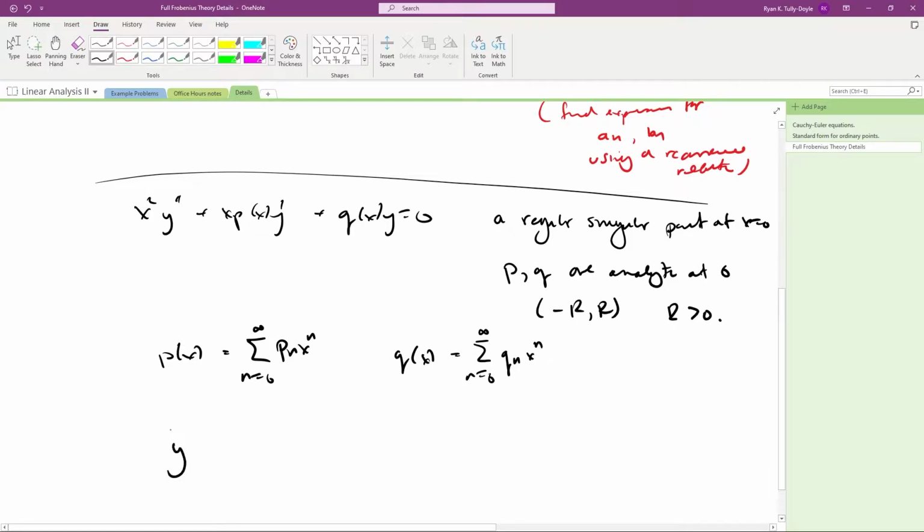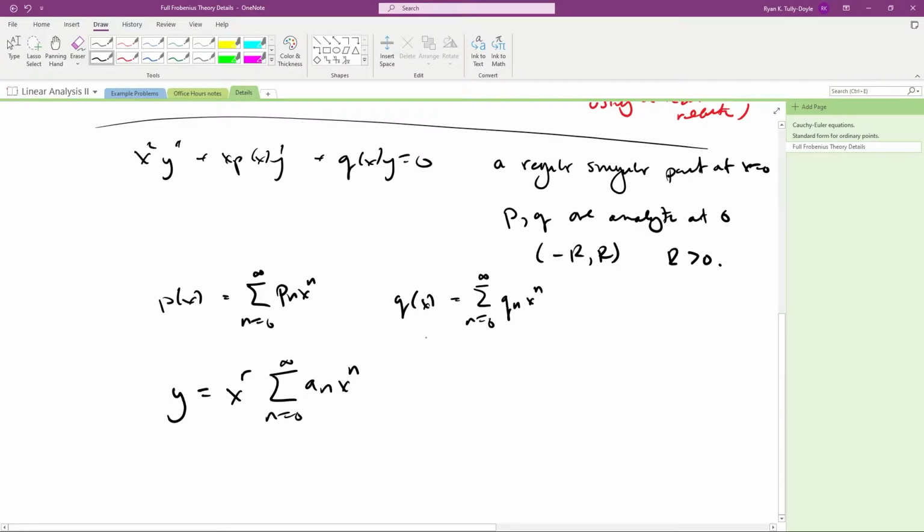We've guessed that the solution has the form x to the r times the sum from n equals 0 to infinity of a_n x to the n, guided by our intuition from the last chapter, which is that it locally looks like a Cauchy-Euler equation. We don't know what the r or the a_n's are.